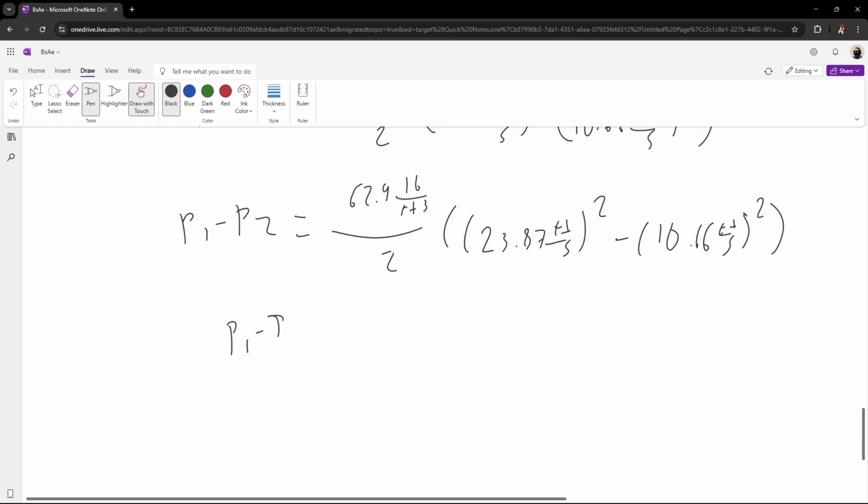Now calculating P1 minus P2, we get 23.87 squared minus 10.66 squared, 62.4 over 2.